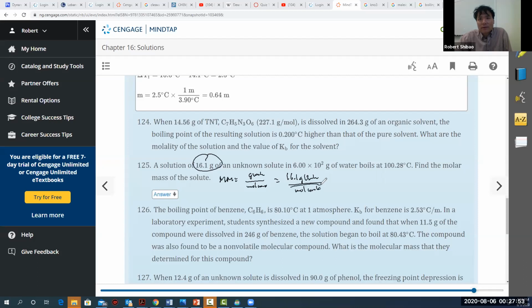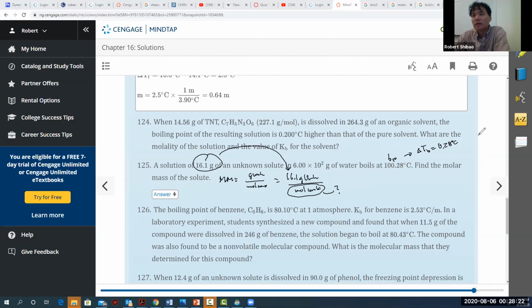How are we going to get the moles of unknown here? The grams is given. What other information do they give us? They give us that it boils, so they give us the boiling point. And what we can do is figure out delta T sub B. Delta T sub B is 0.28 degrees C, because normally water boils at 100, and this is boiling at 100.28.